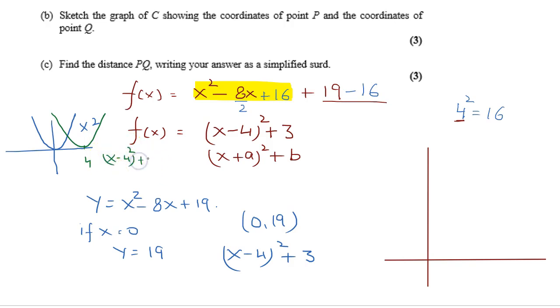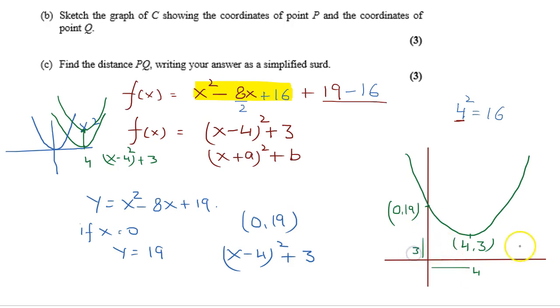And when we add 3, the graph will move up 3. It's not a very good graph, but anyway. Now this point is 0, 19, and this point will be 4 and 3. X is 4 and y is 3. So this is the graph.